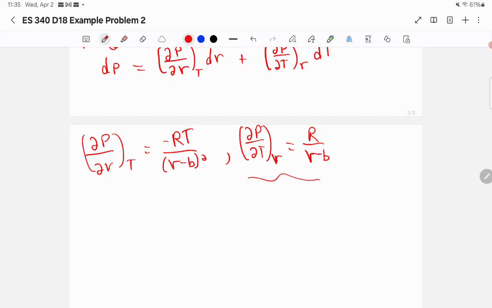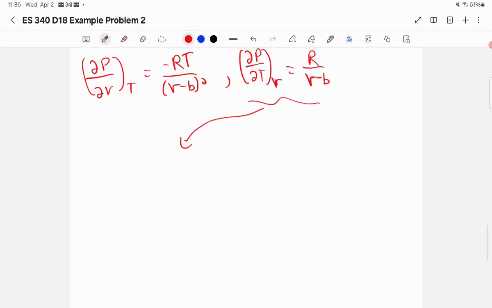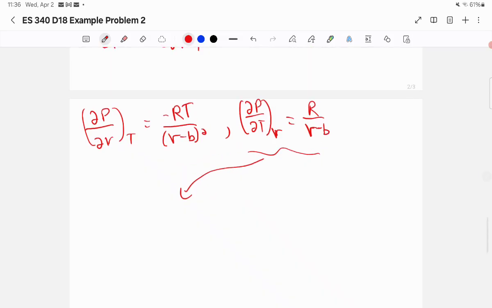I can integrate this equation. Why? Because it's going to be the easier one to integrate. Not that you can't integrate the other one, but this one ends up being easier because there's no T in it, so it makes an easy integration when you integrate with respect to T.